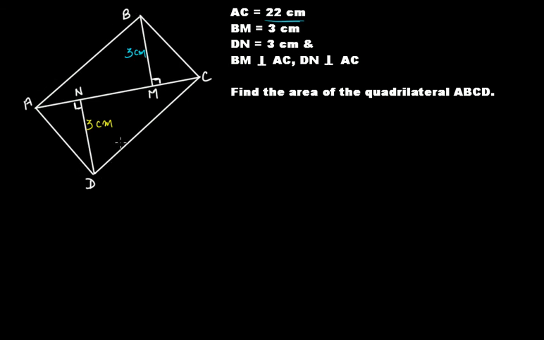Now you can clearly see that this is the height and AC is the base, and you can find two triangles. Let me first quickly highlight this triangle 1. Calculate this area.